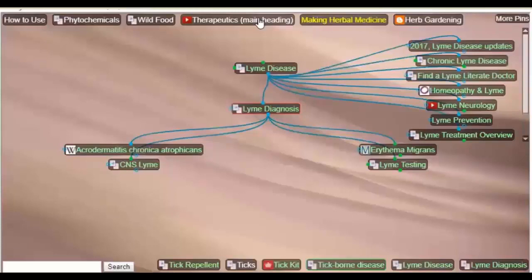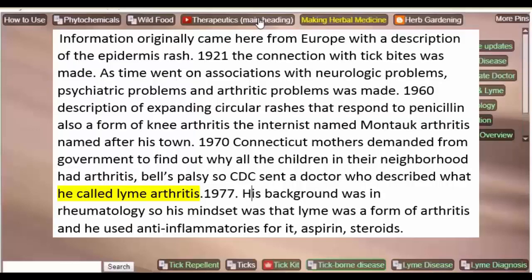Right, and there's quite a bit more to it also, because when it was first discovered, it was thought to be a form of arthritis. It was called Lyme arthritis.